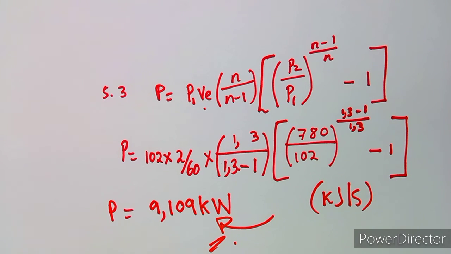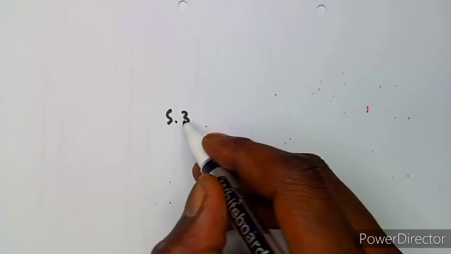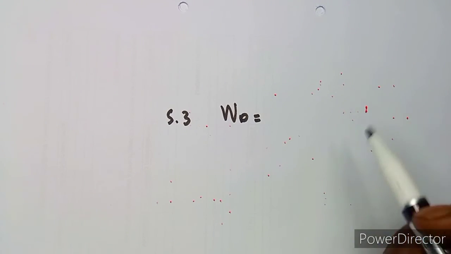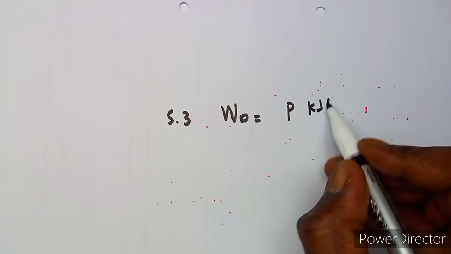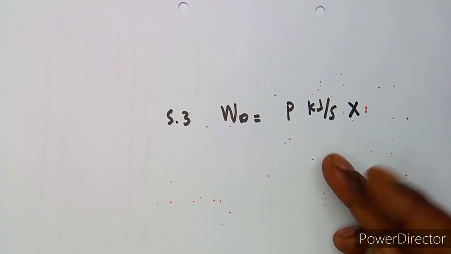Now let's get back to the work done, which is on 5.2. This is how I'm going to find it. I'm just going to use this formula, because it's easier for me to connect this way with 5.3. Since I have power in kilojoules per second, I take it to get work done, which is in kilojoules only.